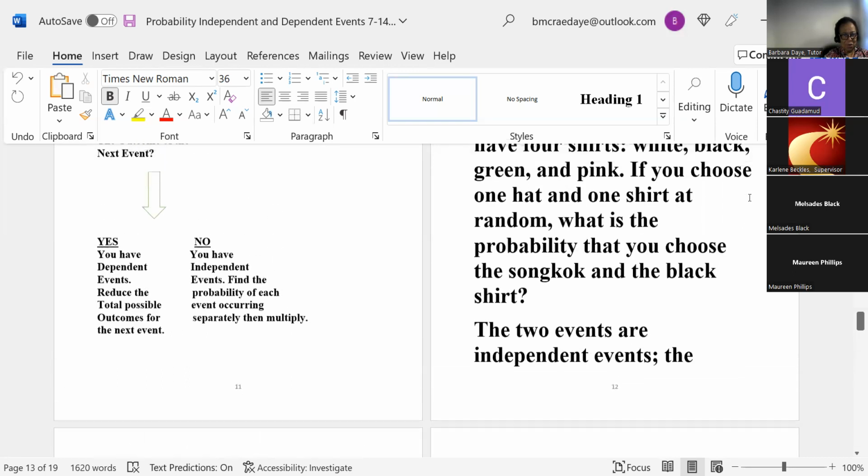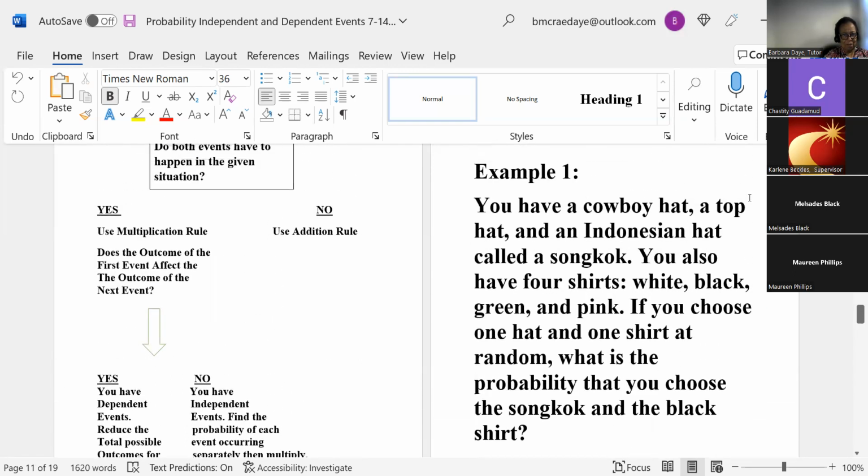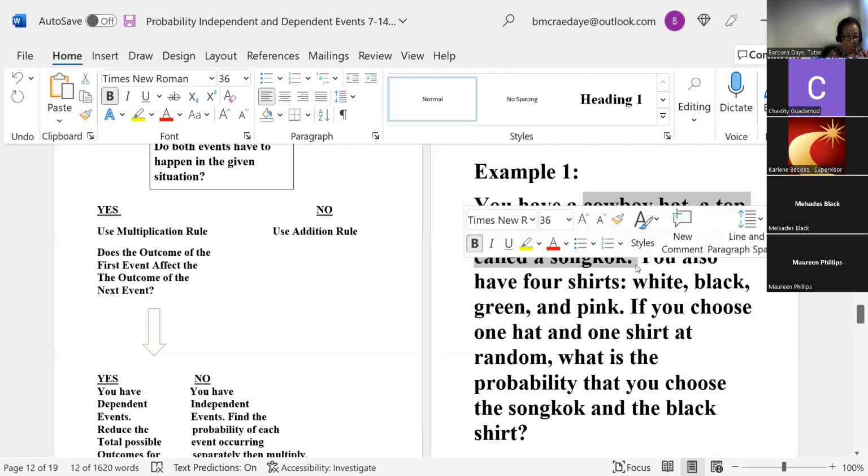We're talking hats now. Let's go back up here. How many hats do you have? You have a cowboy hat, a top hat, and an Indonesian hat. So how many hats is that? 3. So you have 3 hats. Okay.